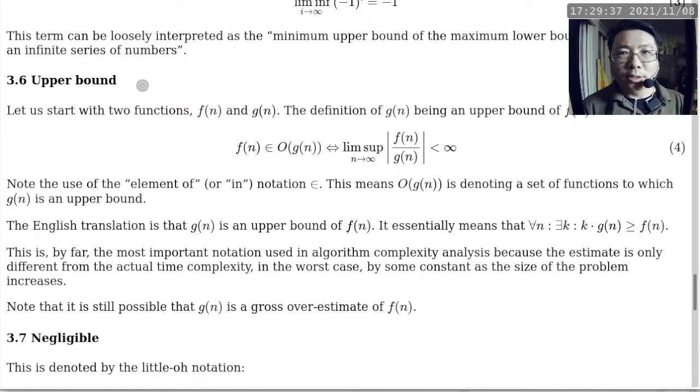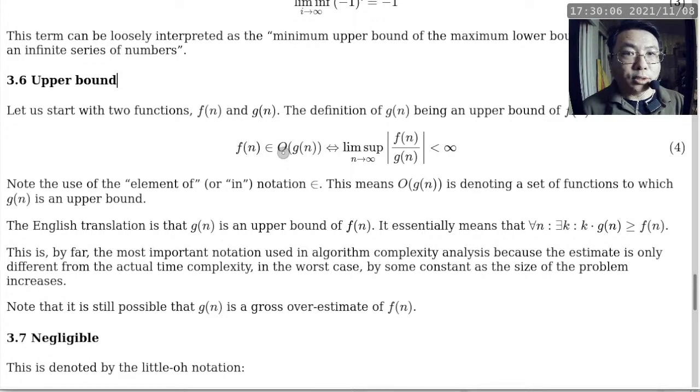We are now getting back to the concept of an upper bound, and how most people see the big O notation is not really quite how the big O notation is defined here. We can see how big O is really giving you a set of functions, because f of n is actually an element of big O of g of n.